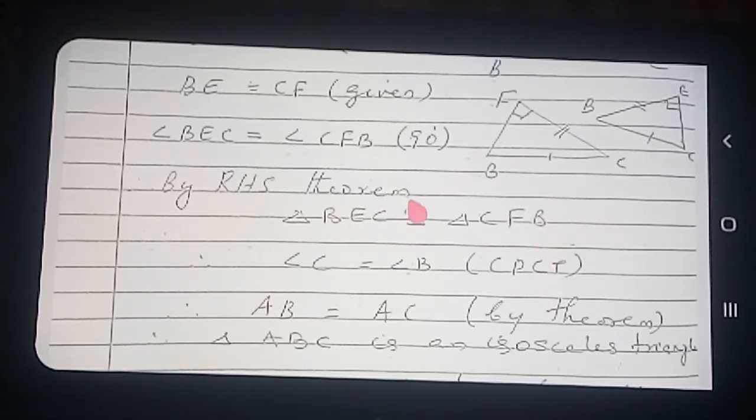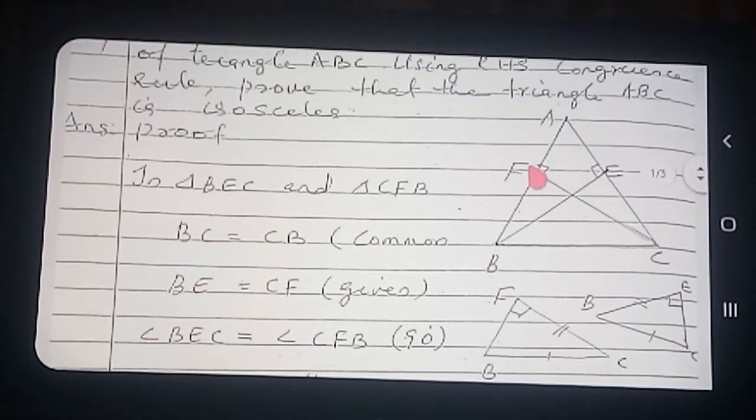In the same triangle, the sides are drawn separately for your convenience only, but we are taking from the same triangle. In this triangle, angle B and angle C are equal. You already studied that if two angles are congruent, their opposite sides are equal.